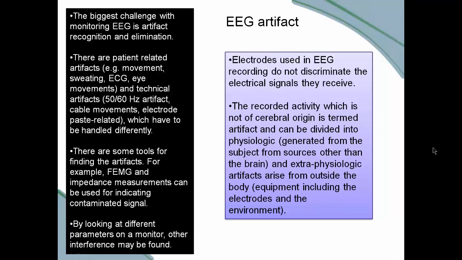People will put a lot of time into some research project, and they don't take into consideration all of the possible artifacts associated with EEG. Remember, you're measuring voltages from the scalp that are in the microvolt range, the millionths of a volt range, amplifying that thousands of times, and then trying to separate out the noise from the signal.